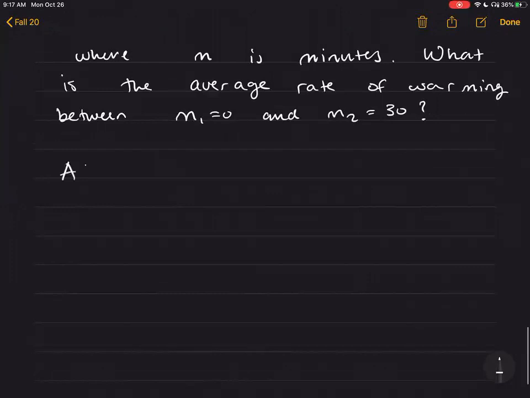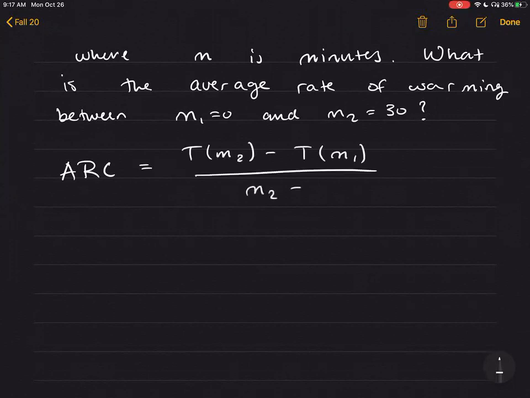So we're just going to calculate this using average rate of change. We're just going to do T(m2) minus T(m1) over m2 minus m1.